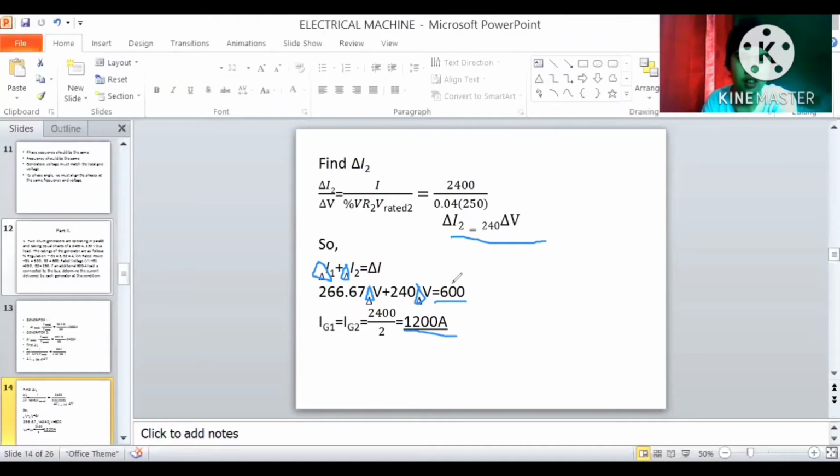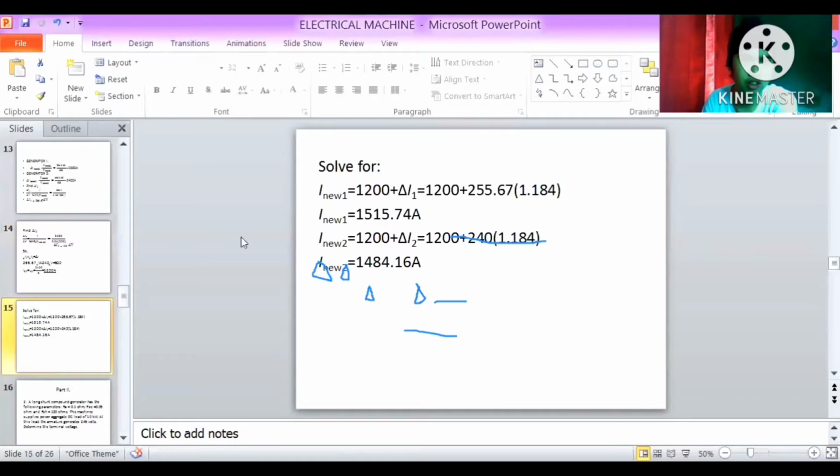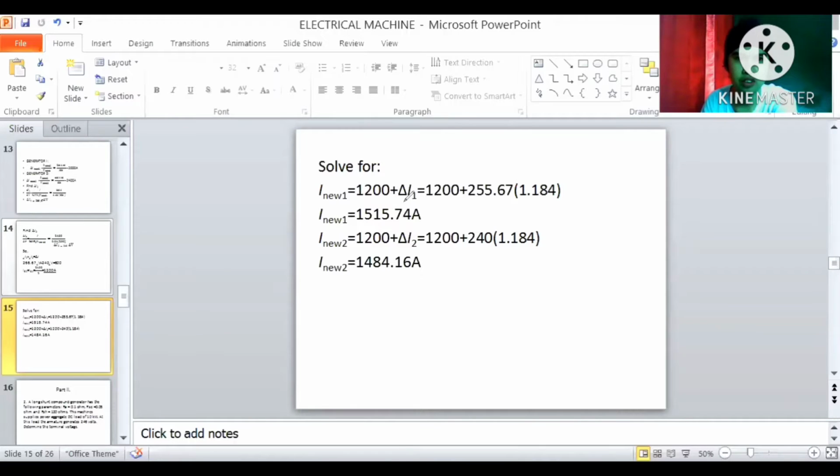Next, solve for I new 1, which equals 1,200 plus delta I1 equals 1,200 plus 255.67 times 1.184.